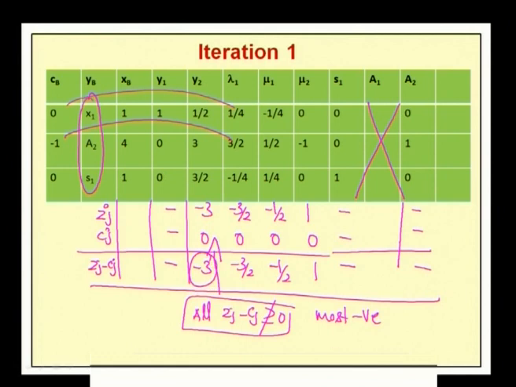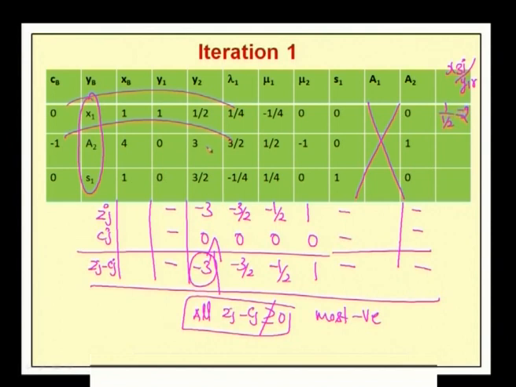Now, once we fix the entering variable y2, for this y2 we have to compute the minimum ratio xbi by yir, where yir is positive. For y2 the xb value is 1, so 1 divided by 1 by 2, which is 2.